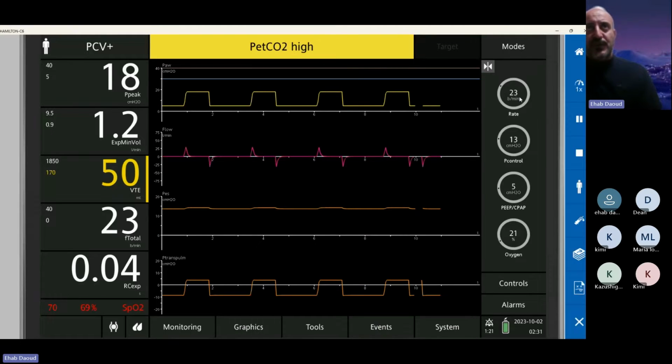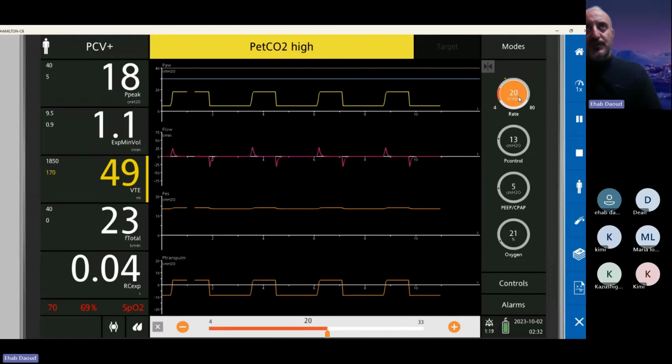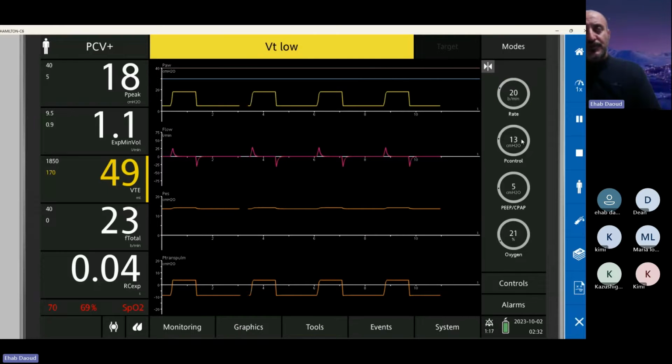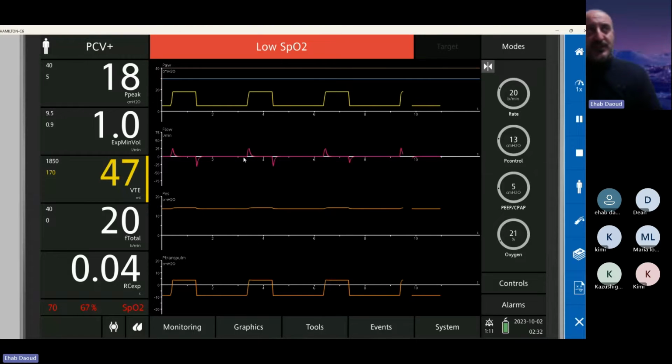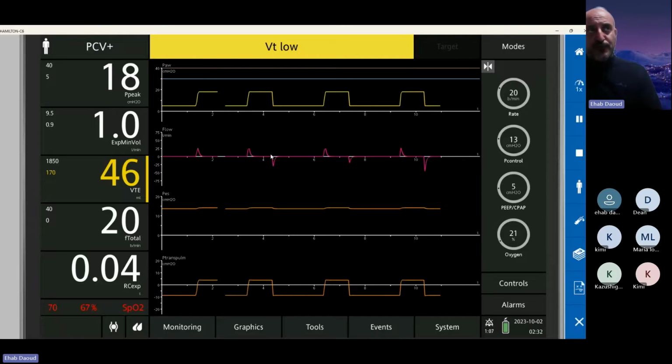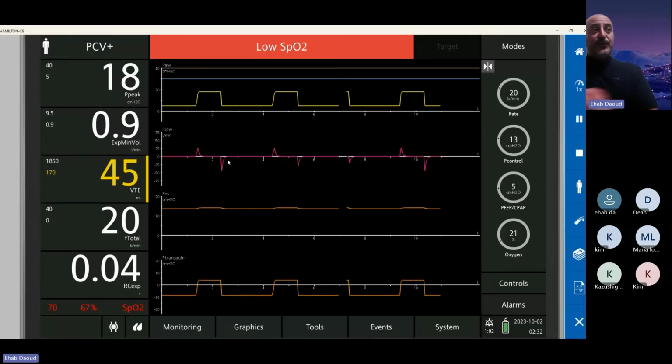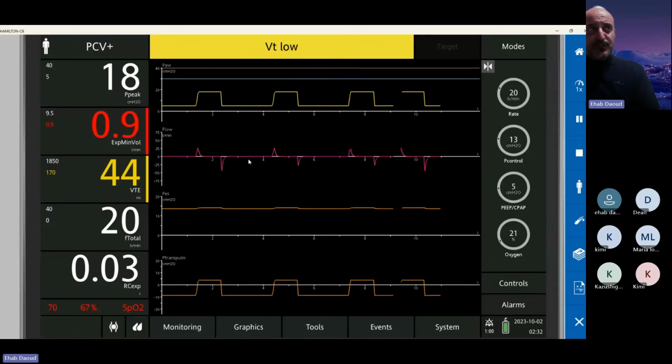Here we have a patient rate of say 20, pressure control, driving pressure, inspiratory pressure 13 over PEEP of 5. You can notice, of course, when the patient has ARDS, the inspiratory flow goes up very high, expiratory flow goes very deep and wants to collapse very quickly. So by just looking at this patient, you can tell that he has a restrictive problem.